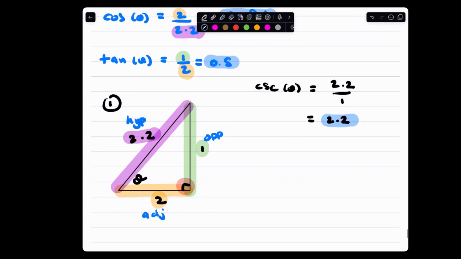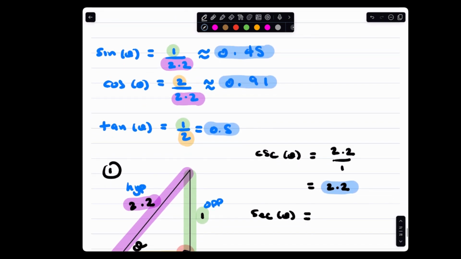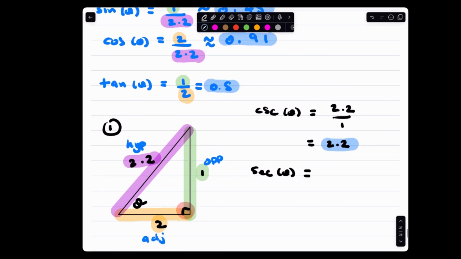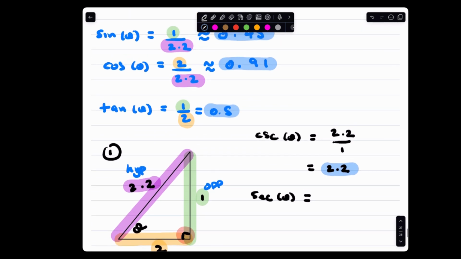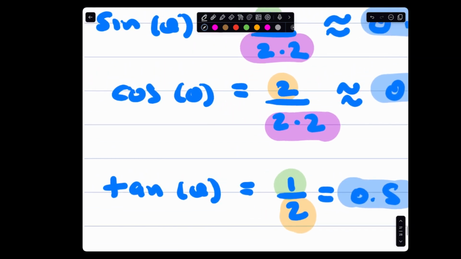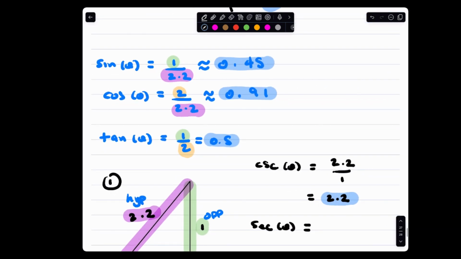Good, let's get out that secant here. Secant, the reciprocal of what? Cosine. So instead of 2 over 2.2, we're going to flip that fraction over. 2.2 divided by 2.